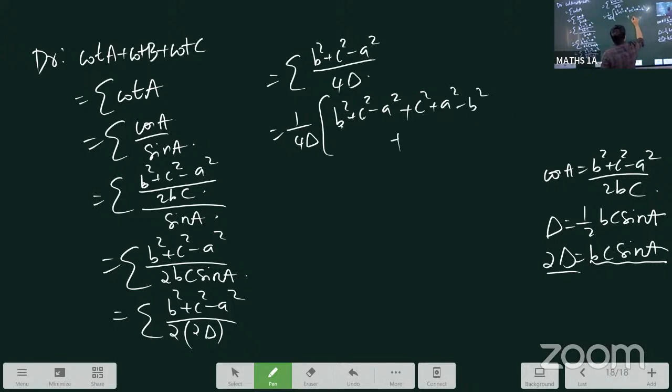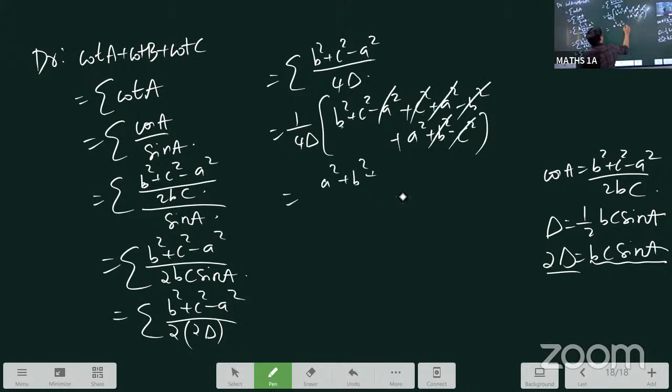Plus a square plus b square minus c square, that is your third term. Is it clear? Now the b square, a square and c square terms cancel. So what is left is a square plus b square plus c square by 4 delta.